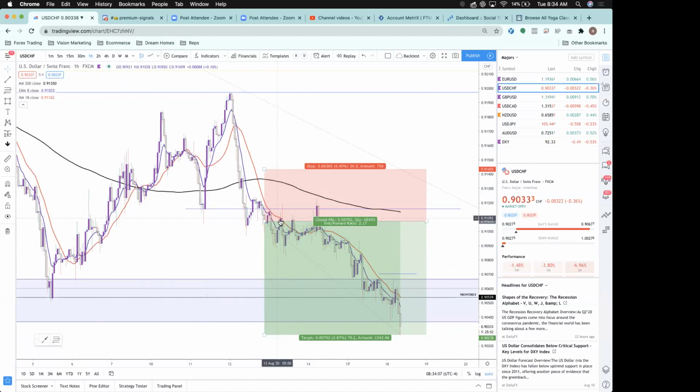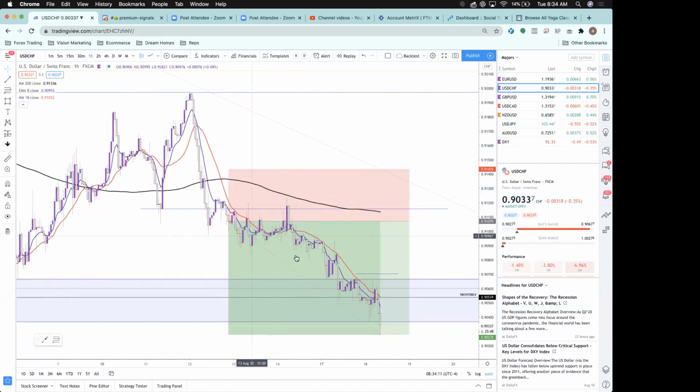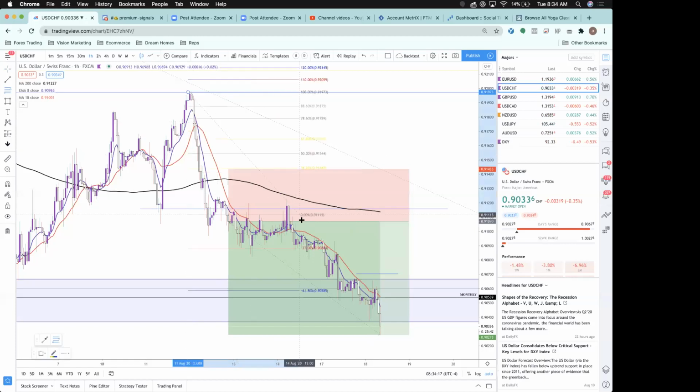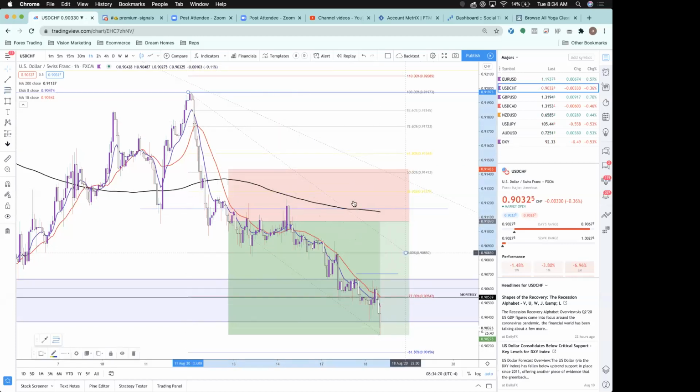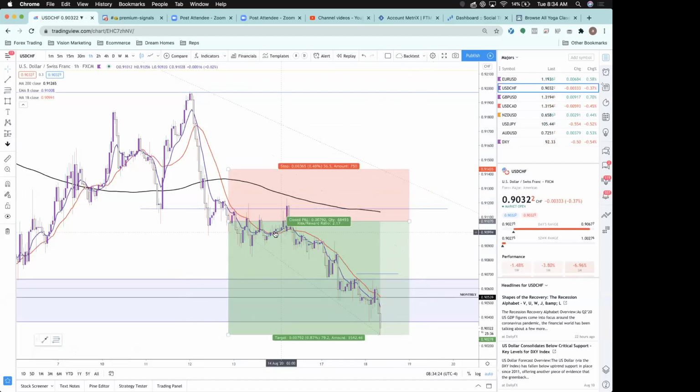I entered a little bit early on the 30-minute, but as you can see on the 1 hour, really the true entry is based on the actual hitting of a lower high. If I bring on my fib, we didn't make it all the way up to 38.2, but at the same time, we did pull back enough right here to retest this support, now turned resistance.